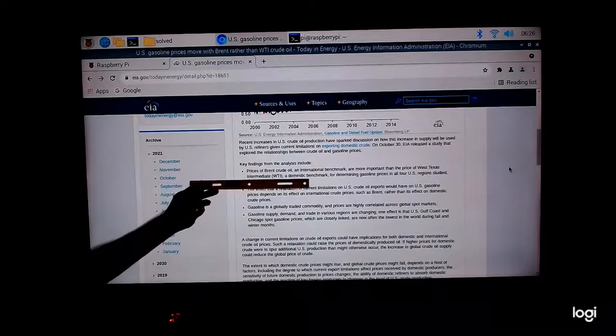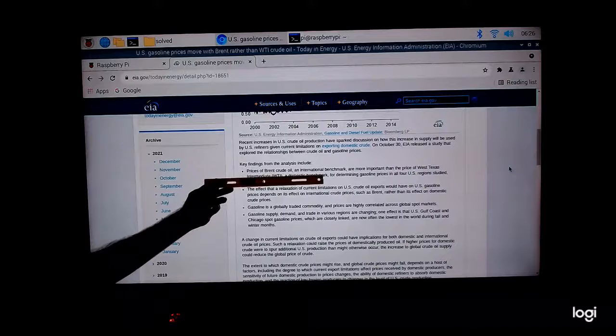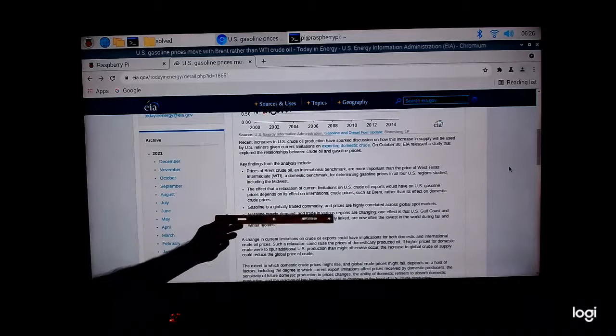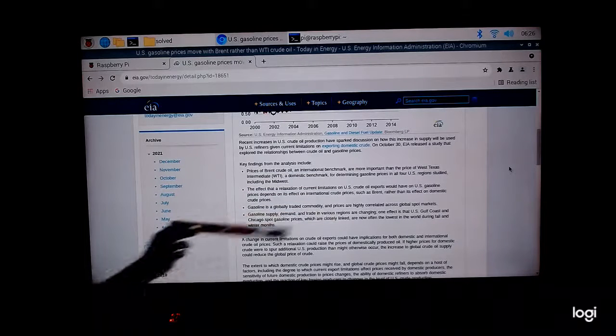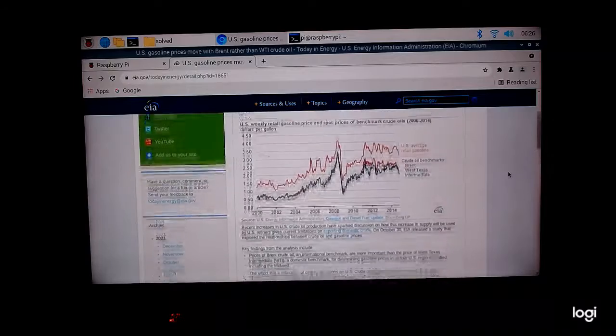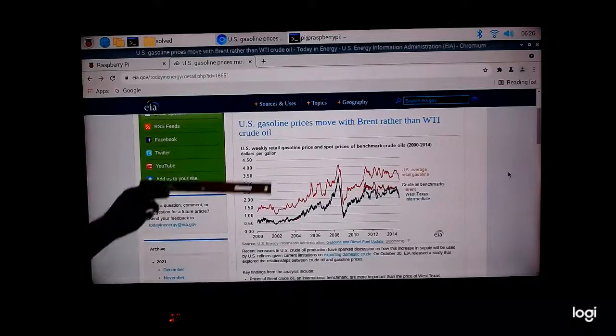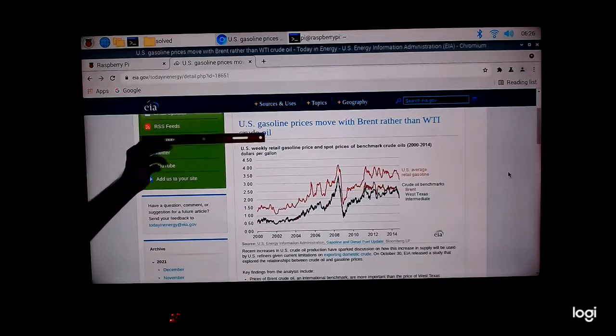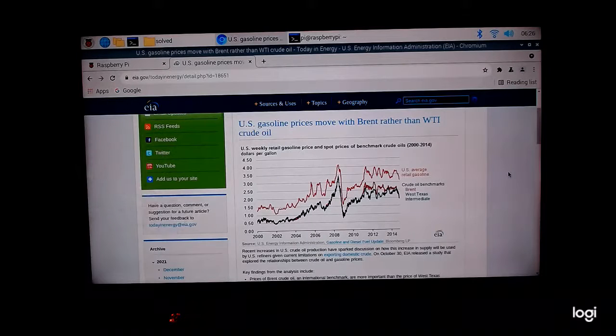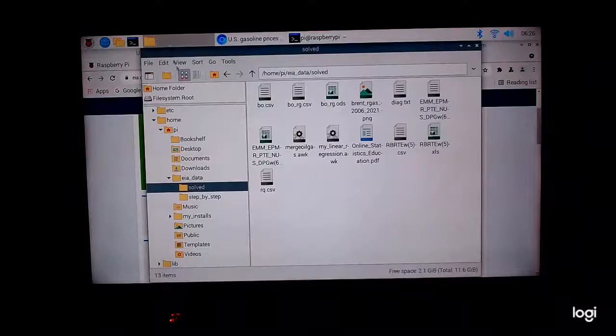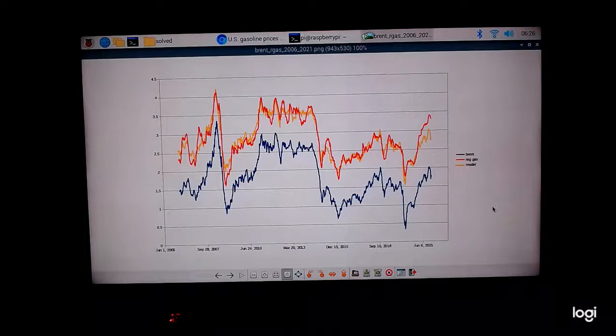Brent is an international benchmark, and gasoline is a globally traded commodity. So they're saying you use Brent with gasoline. So let's get over here, and I'll show you what I was looking at.